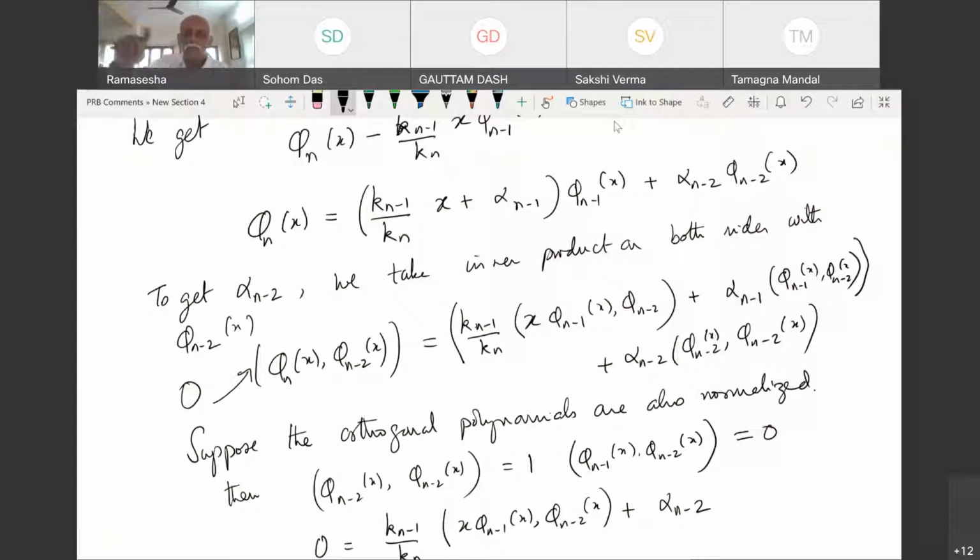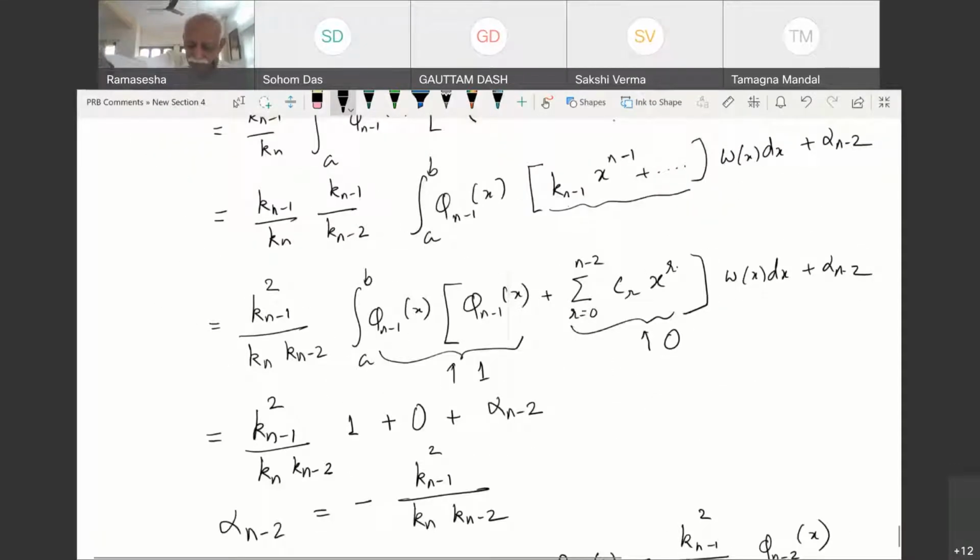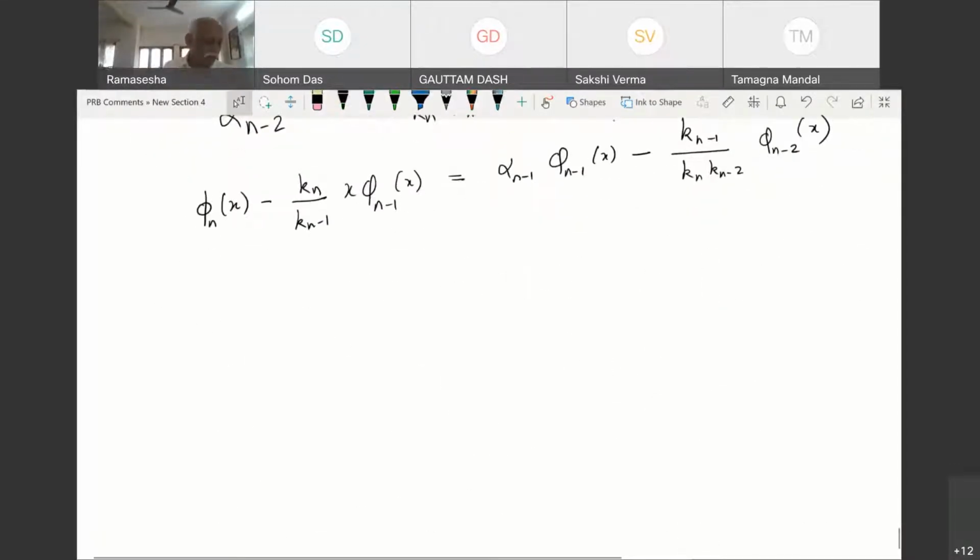Now I can rearrange algebraically and write the whole thing in the following form.